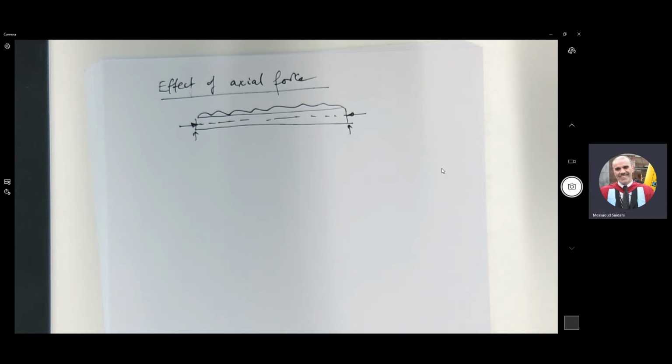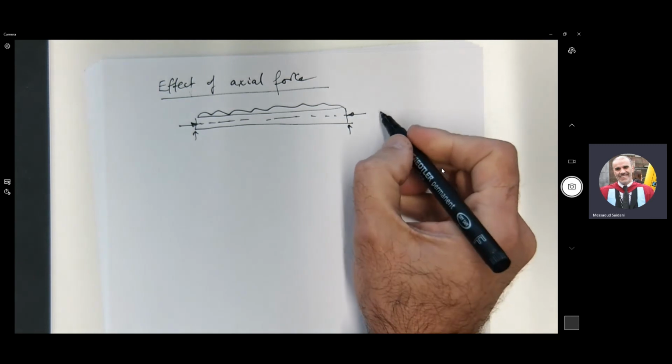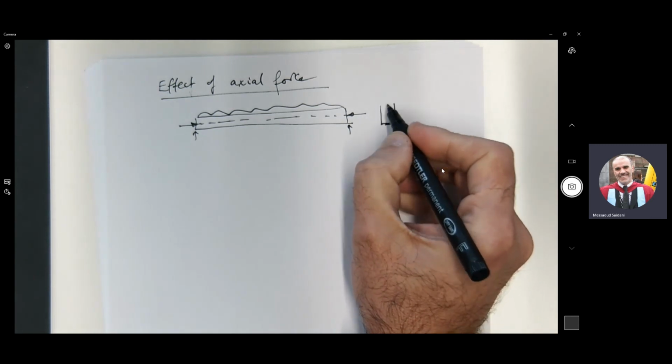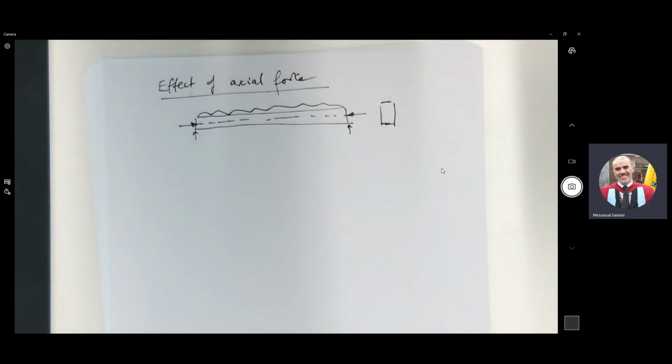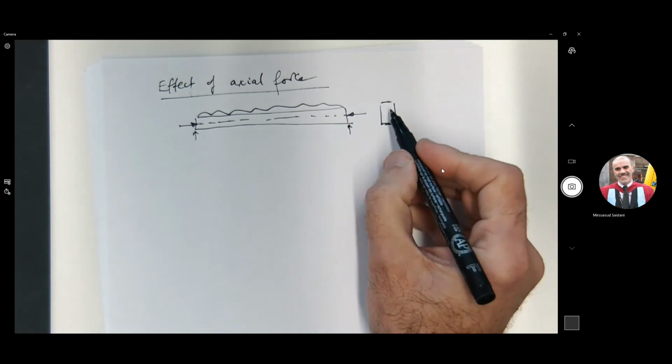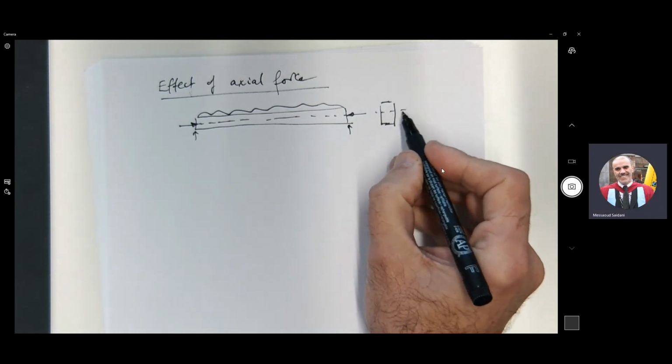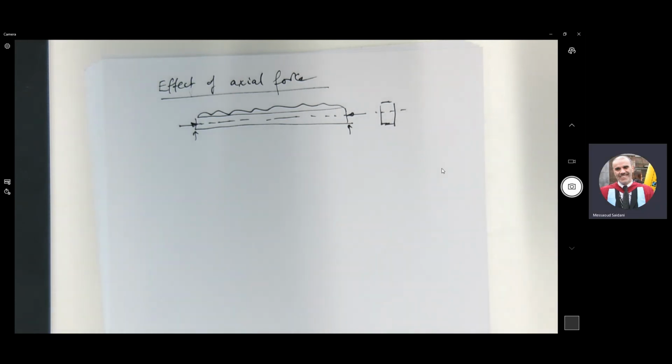So what we have here is both bending and the axial force acting together. Let's assume that the section is solid rectangular, to make things simpler. And your axial force is acting along the neutral axis.